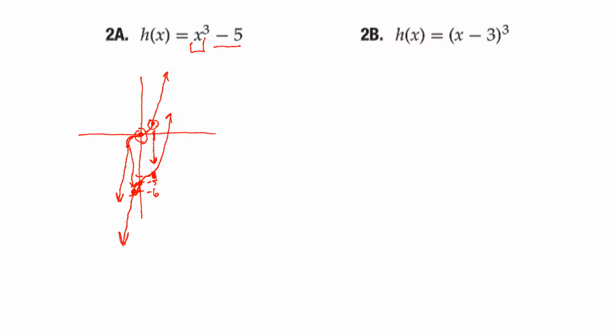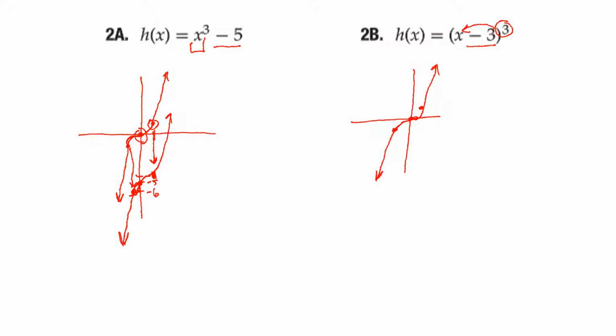Okay? Now this inside part. Again, notice the cubed on the x. This is a horizontal translation. So I'm going to start with my original, which is here at 0, 1, 1, and negative 1, negative 1. And it does this and this.